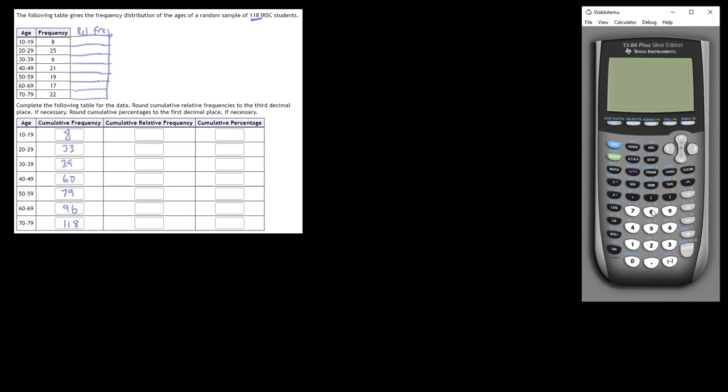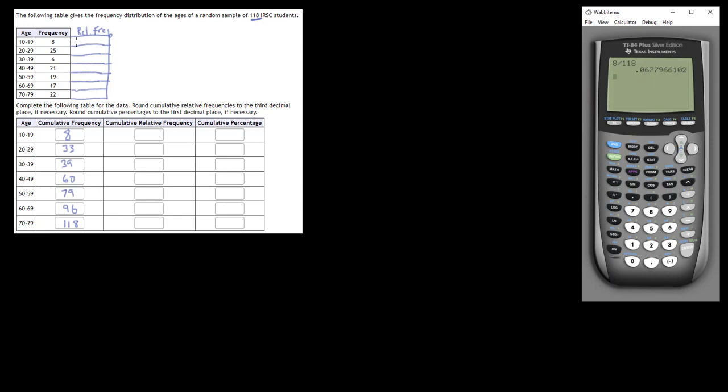So 8 divided by 118. Let's see, we're going to round that to 4 places. That's going to be a weird one to 4 places, so let's make it 5. Since this is not our final answer, it never hurts to save more places.